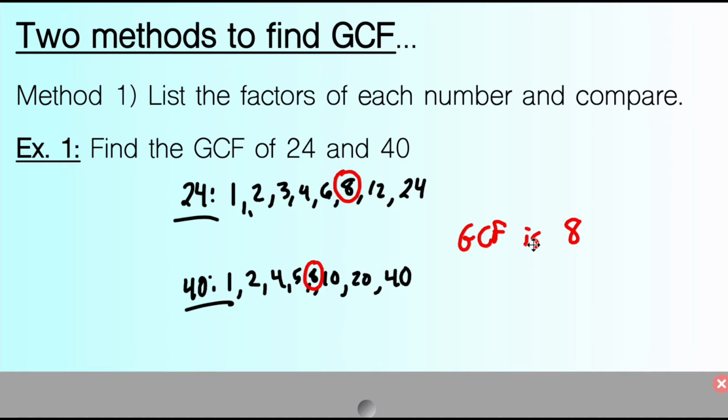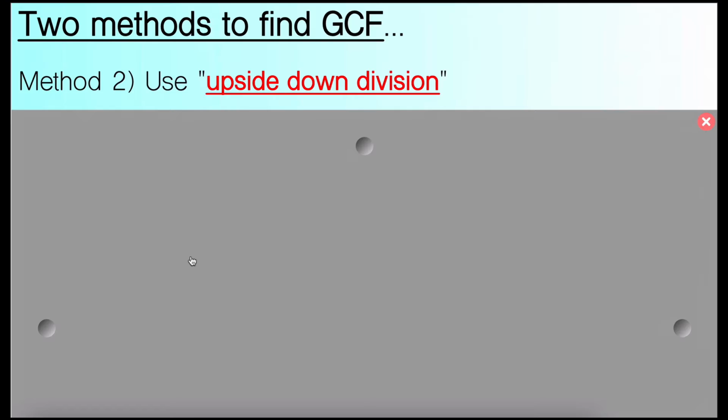Now, if you don't like the list method, or if you encounter a problem where it's like, whoa, this number is big, it has a lot of factors, how can I possibly list them all without making a mistake or missing one? We talked about another strategy for finding the greatest common factor, and that was using upside down division. That's at least what I'm calling it, and let's take a look at how this method works.